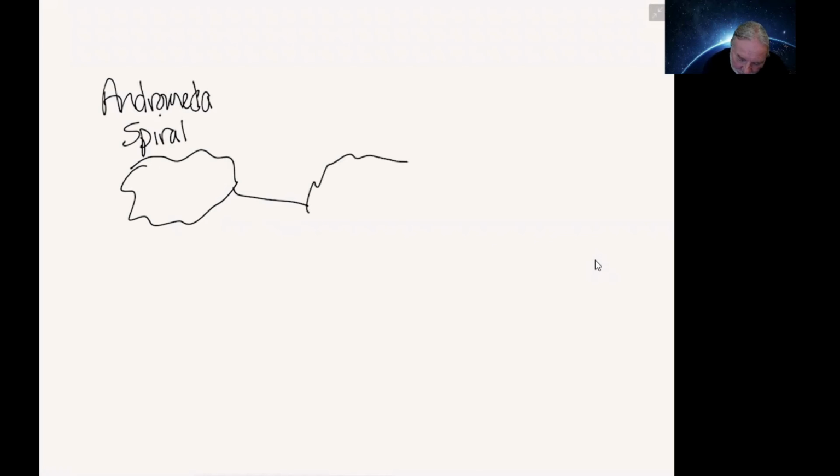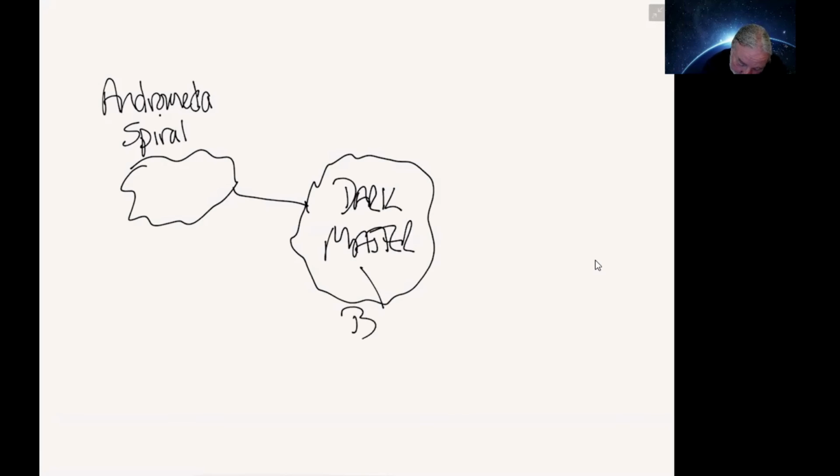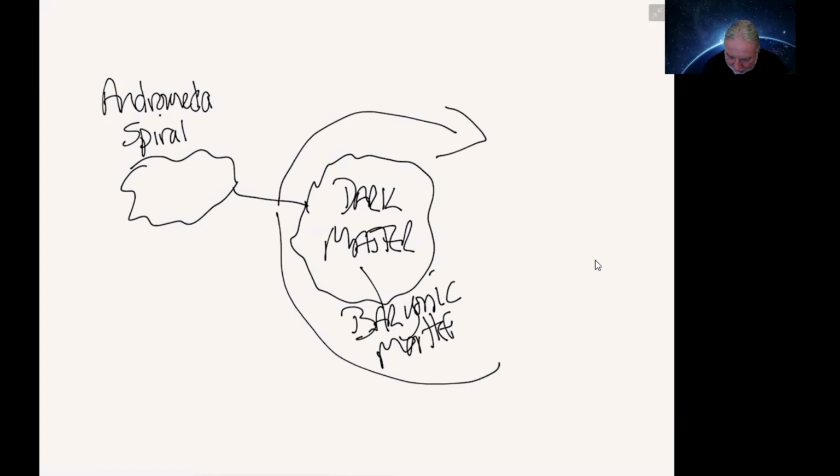Now, let's just say we've got a huge cloud of, it could be dark matter, or it could be baryonic matter, it could be real matter, if you like. Doesn't matter. Now, the photon will make a choice, well, it won't make a choice, but it will actually go one way or the other, and then come back to the Earth.